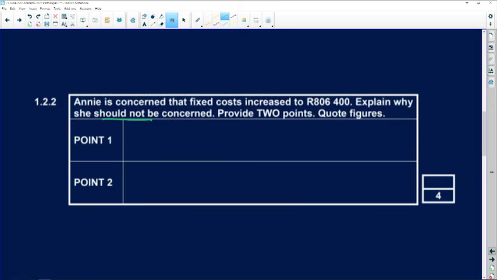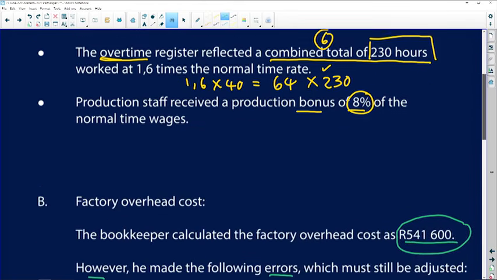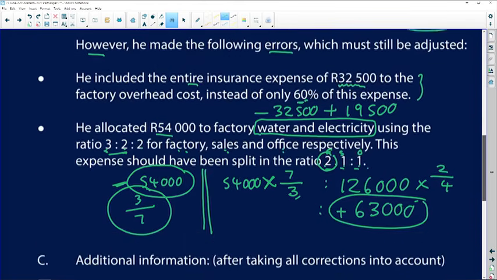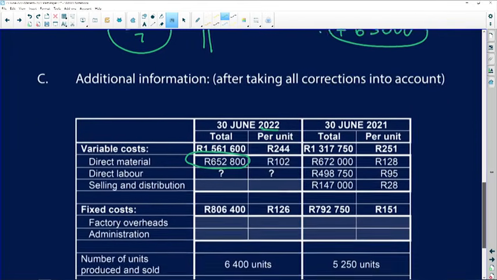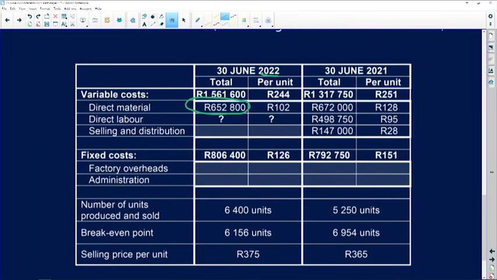Okay, right, so from our info booklet, remember we've looked at information A, we've looked at B, right? Now we're looking at information C. Now immediately we notice, if you look at fixed cost, if we compare previous year to the current year, we can clearly see that there has been an increase.